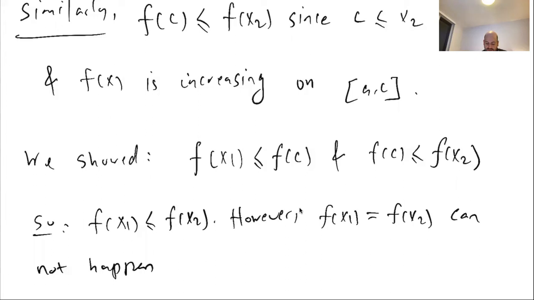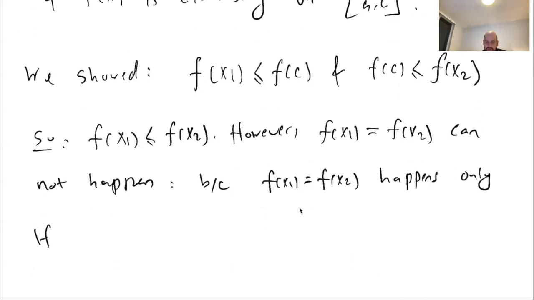Why can it not happen? Because f of x1 equals f of x2 happens only if, see, I have two inequalities here. If this changes to equality and this changes to equality, then f of x1 equals f of x2. And that's the only possibility where I can get f of x1 equals f of x2.